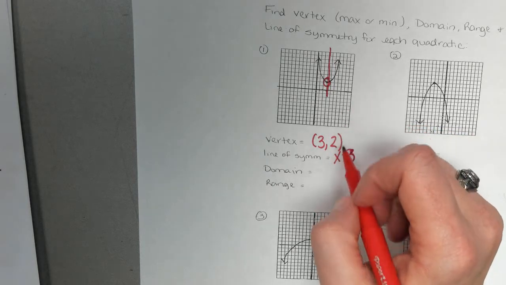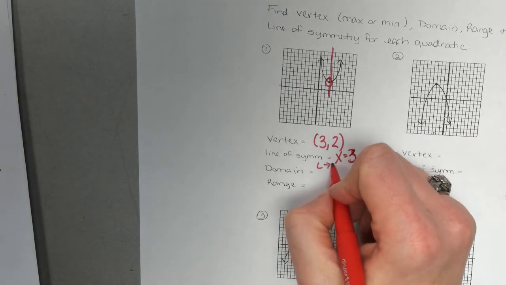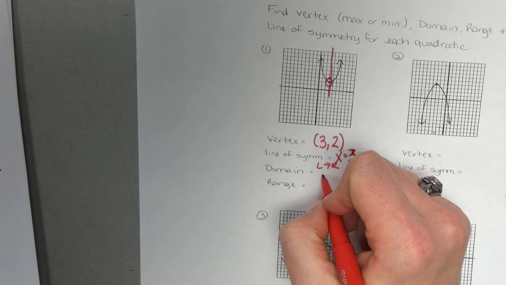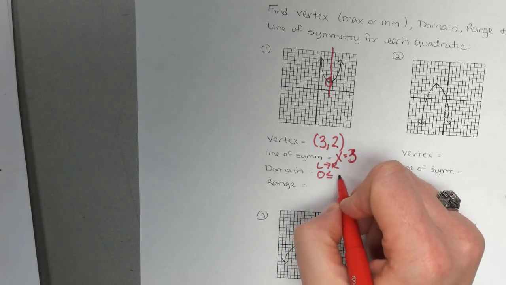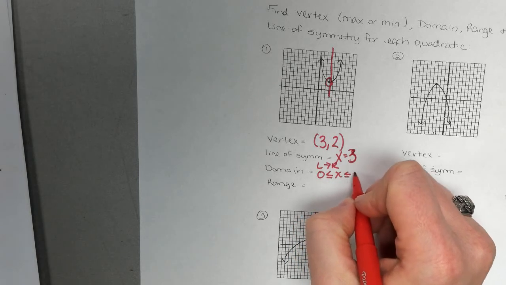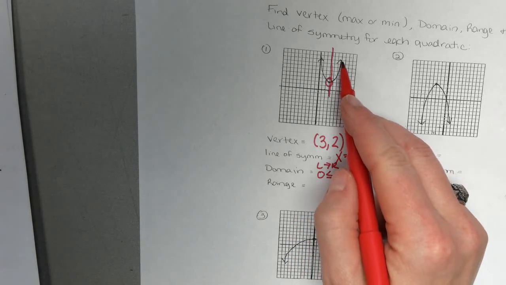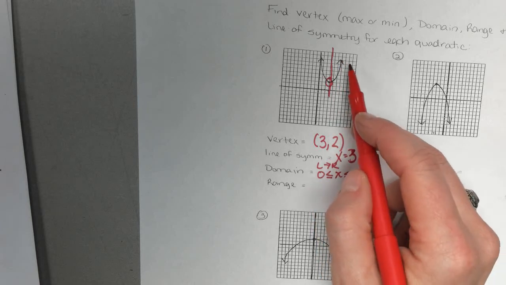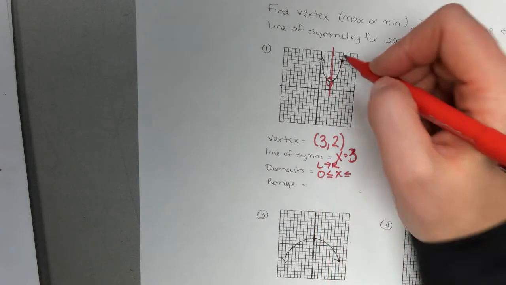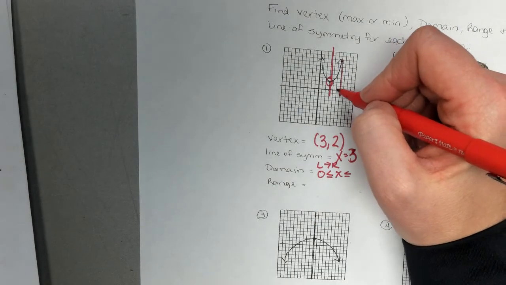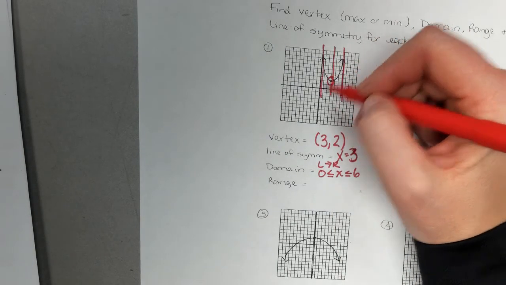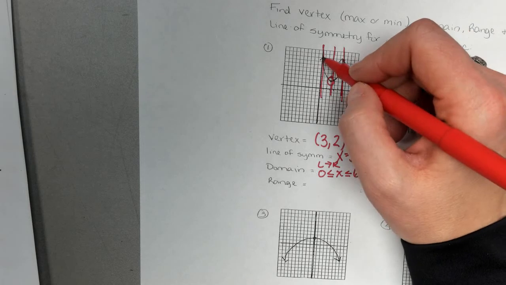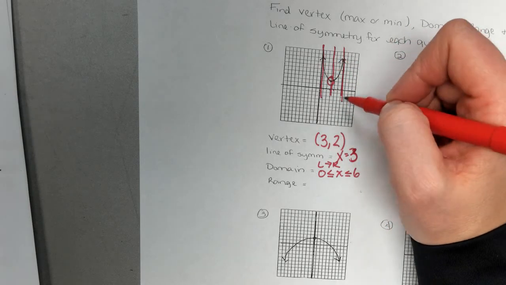Your domain is left to right. So it's going to be 0 is less than or equal to x, less than or equal to, what is this? 6. This is the zone of range right here. So from 0 all the way to 6. Okay, on x.